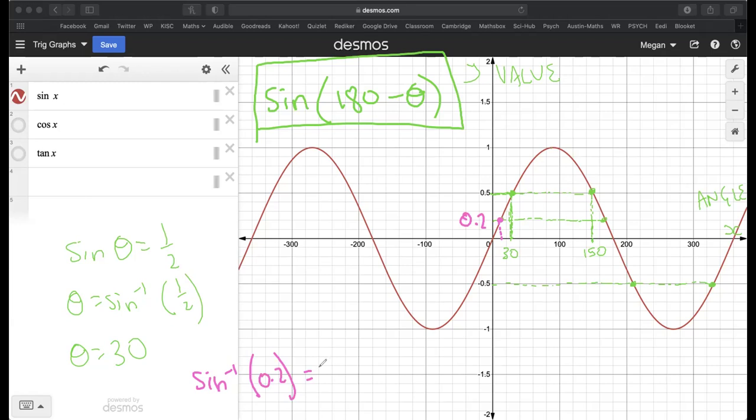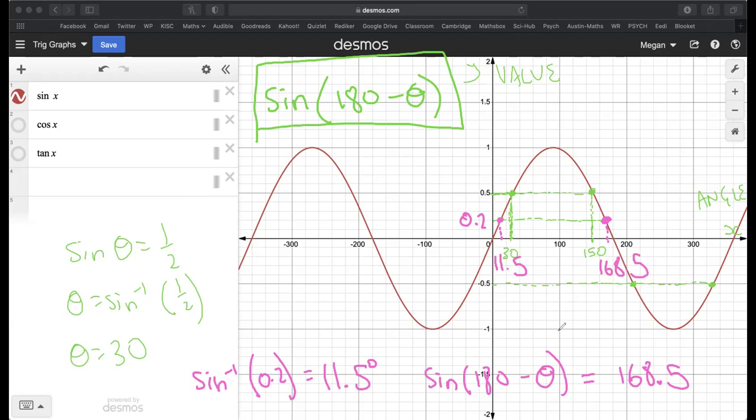Type that into a calculator for me. 11.5. Okay, so that means my other one is 180 minus 11.5. So what's that? 168.5. That's what this angle is here, 168.5, and this is 11.5.